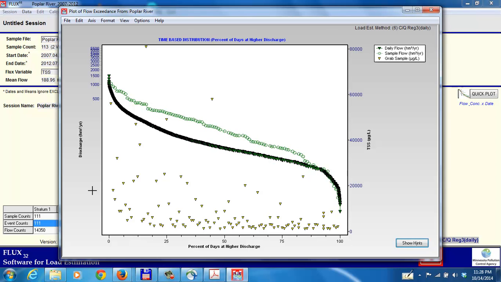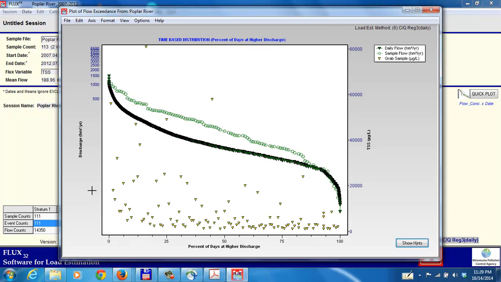The upside down triangles are the grab sample values of TSS, so you shouldn't expect that those values are going to plot around the flow duration curve, because the green line that you see here is not the load duration curve, it is the flow duration curve. The what look like open circles are the actual flow duration based on the sample flow data.